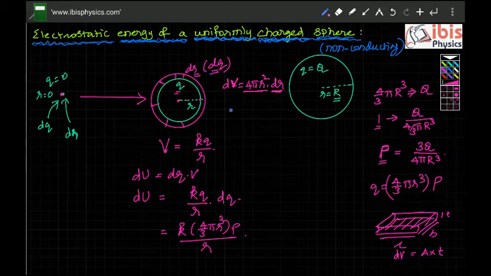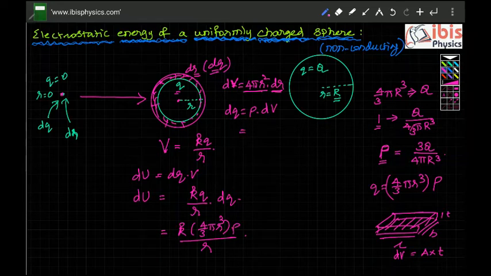Then the charge dq has to be charge density into volume added, because when you add this volume dV through this layer, you have added the charge dq. So within this volume dV, this much charge is there. Again it has to obey the same principle: charge added should be equal to charge density into volume.